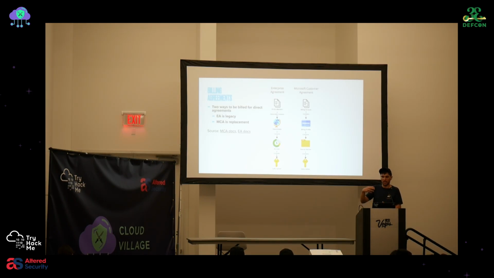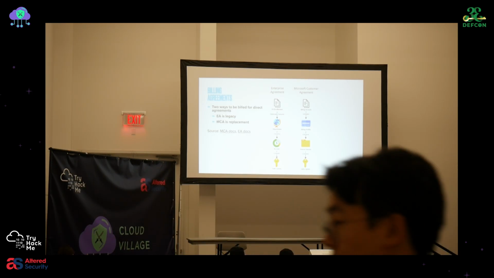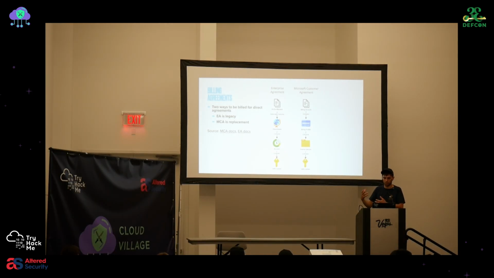Any usage of your Azure resources is charged to that account. Microsoft customer agreements are pretty similar, except that the billing profile is where you actually attach your credit card, and then the invoice section is the organizational aspect where you divide up how the invoices get organized, and inside of those live subscriptions.